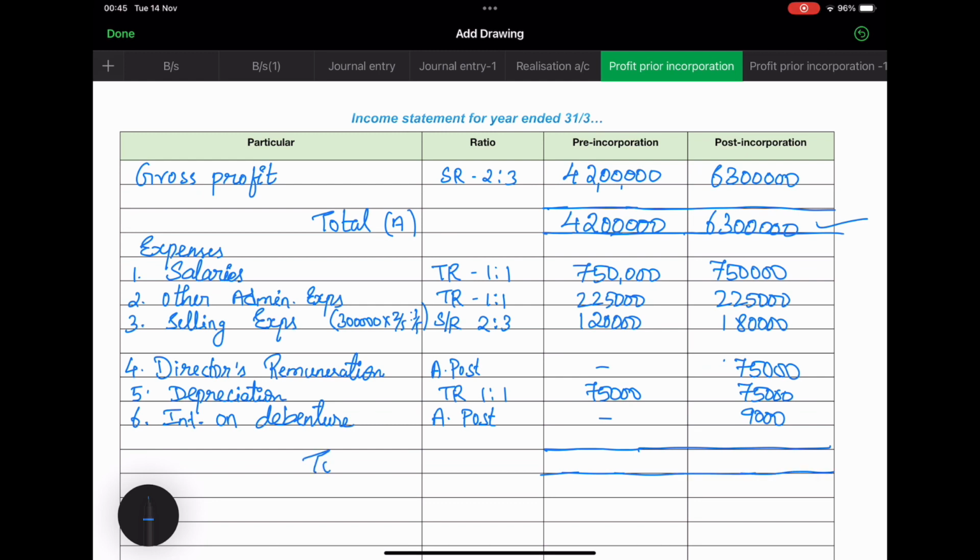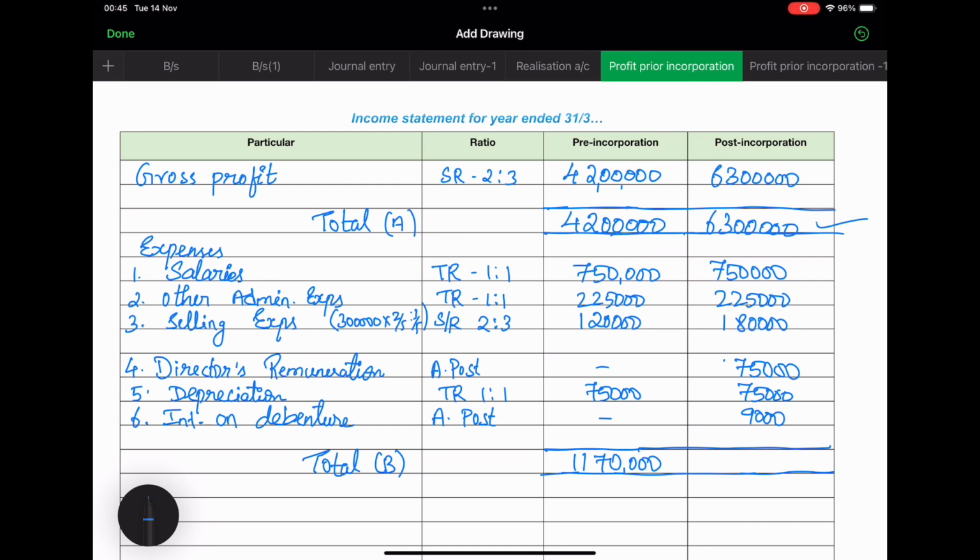Total A will be your income and total B will be your expenditures. So we add all the expenses for the pre-incorporation period: 7,50,000 plus 2,25,000 plus 1,20,000 plus 75,000. Total will be 11,70,000 as total expenditures.